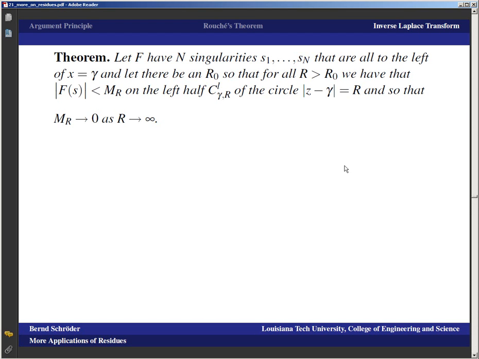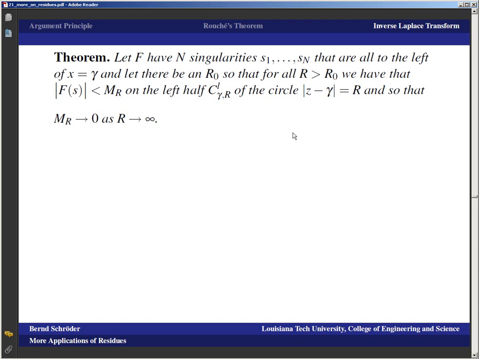If this is a theorem now, how do we compute those Laplace transforms? Well, suppose that our function F has n singularities s_1 through s_n that are all to the left of x = γ, and we want there to be an R_0 so that for all R greater than R_0 we have that the absolute value of F(s) is smaller than a value M_R on the left half C_R^L of the circle around γ of radius R. We want the left half, which is what's indicated by that L up here.